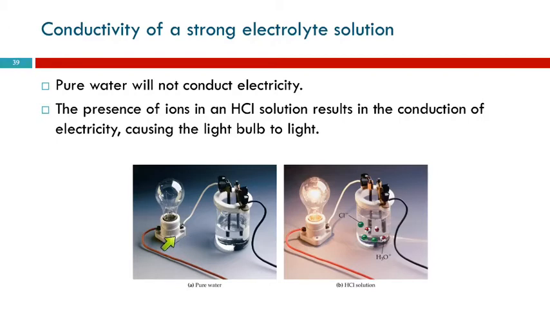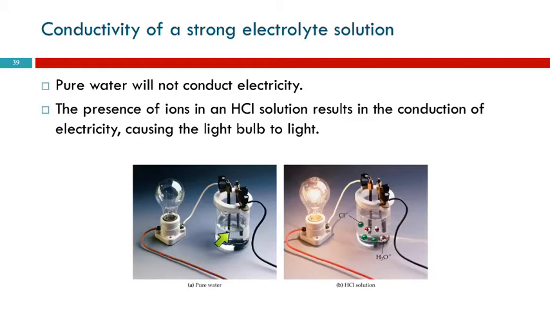This is a conductivity apparatus. Here we've got a light bulb with wires going off to the wall socket. But instead of a continuous wire here, there are 2 electrodes, and we're sticking them in water. If we touched those together, the light bulb would light up.